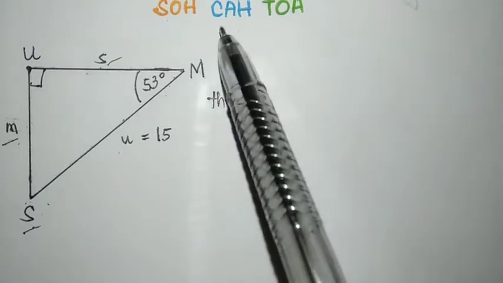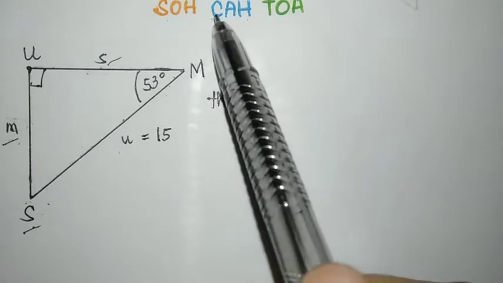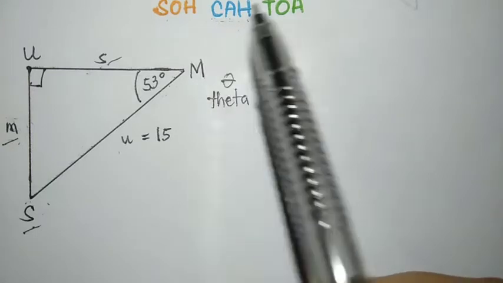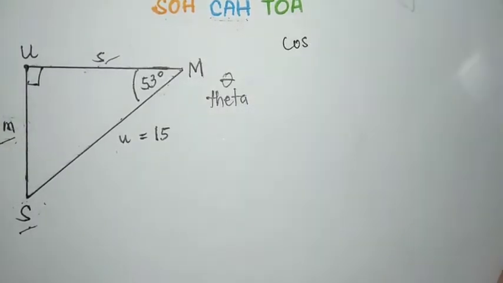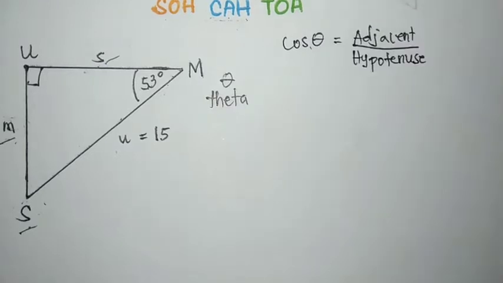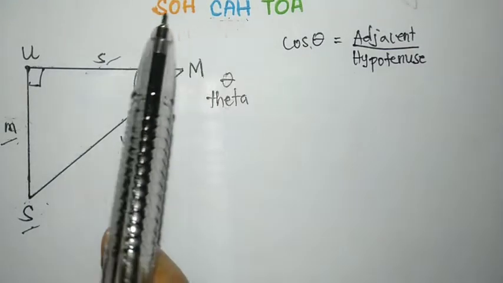Okay, as you can see, dito sila magkasama kay cosine, kay CAH. So therefore, ito yung formula natin na gagamitin. Si CAH is cosine theta is equal to adjacent over hypotenuse.